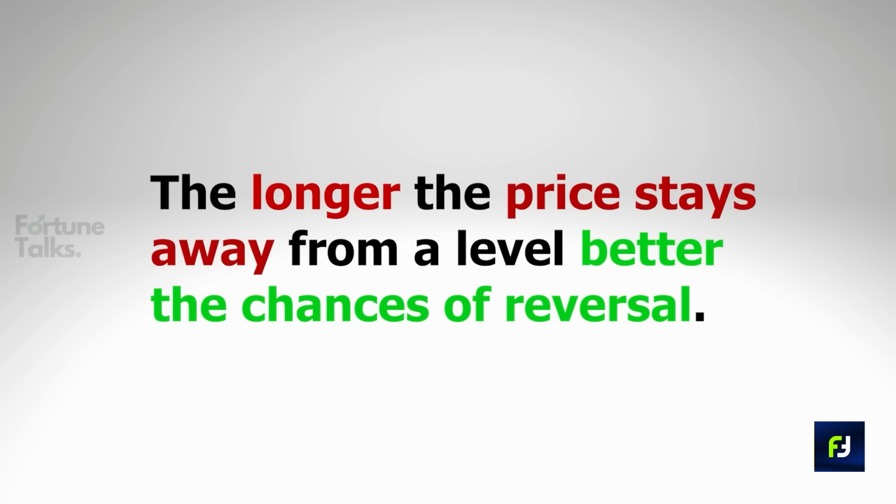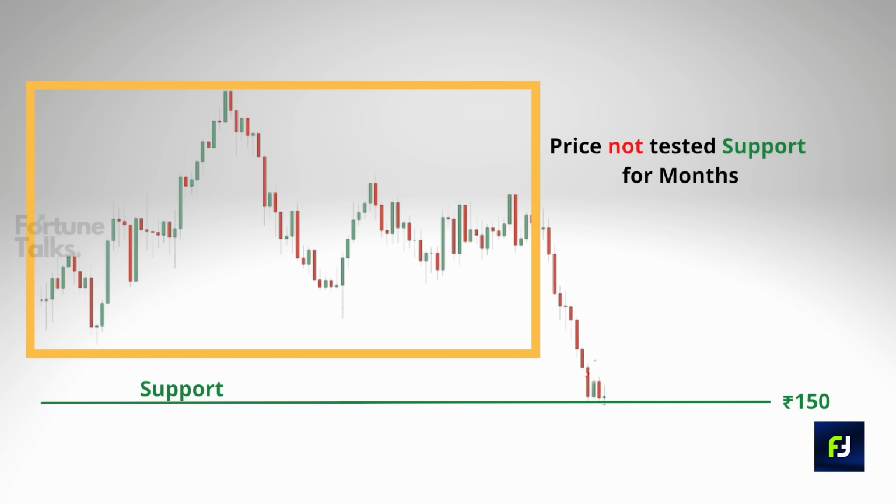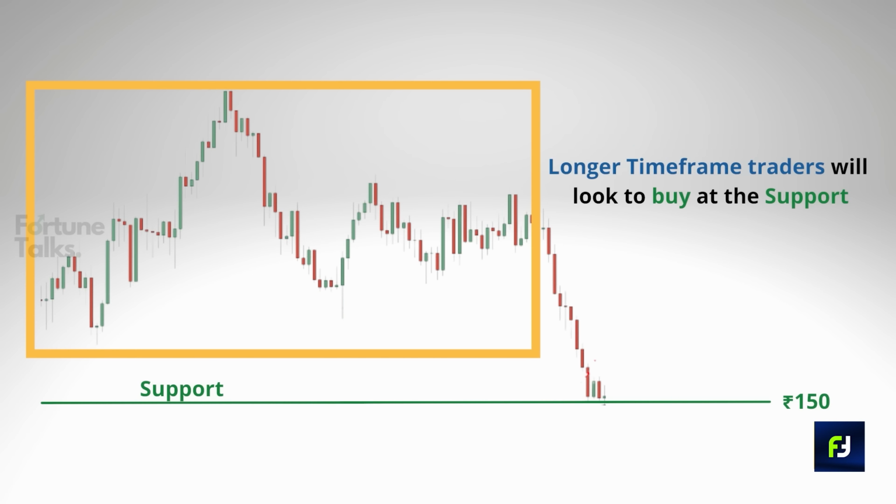Another key thing to remember is that the longer the price is away from a particular level, the better the trade is. And why is it so? The thing is, the longer the price is away from a particular level, the more it would attract the attention from higher time frame traders. For example, if a price has not retested the rupees 150 level on a daily time frame for, let's say, 3 months or 6 months or even 1 year, then you can be sure that this particular level can be seen on the weekly time frame or even the monthly time frame.